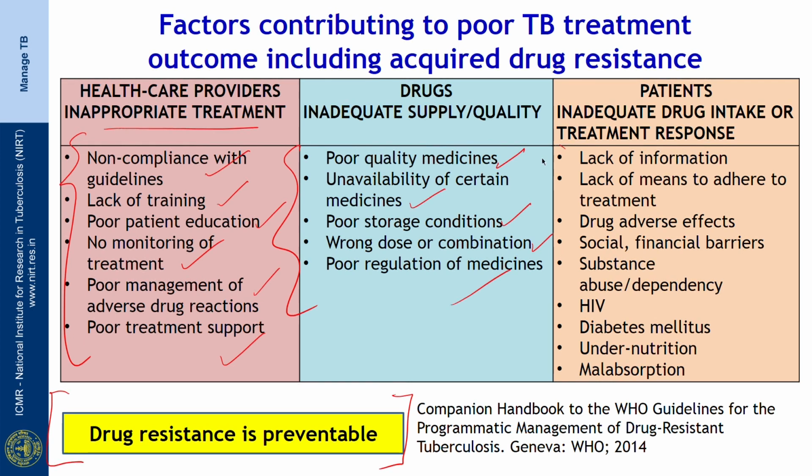From the patient perspective, it might be due to lack of information that is provided, lack of means to adhere to treatment, drug adverse effects, social and financial barriers, substance abuse or dependency, comorbid conditions like HIV and diabetes mellitus, undernutrition and malabsorption. So, all these factors contribute to acquired drug resistance. So, it is very important that all these factors are addressed and drug resistance is prevented.